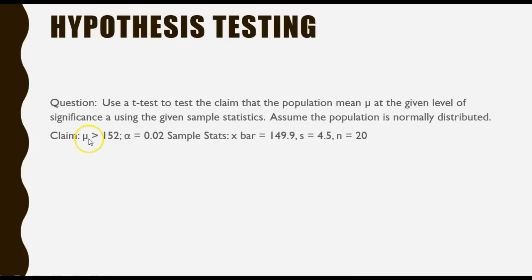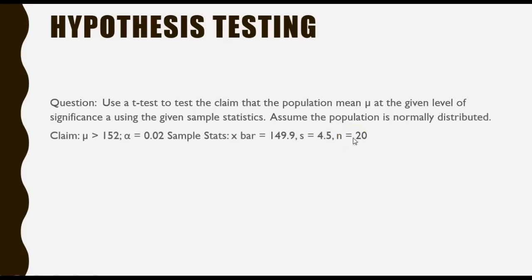We have a claim that the population mean is greater than 152. Alpha, the significance level, is 2% or 0.02. We've got sample statistics here: X bar, the sample mean, is 149.9. The sample standard deviation is 4.5.